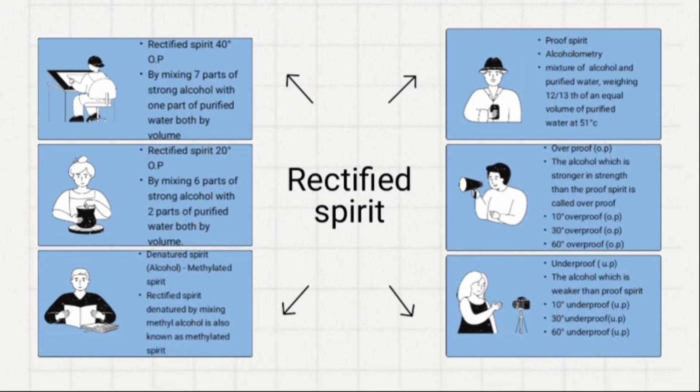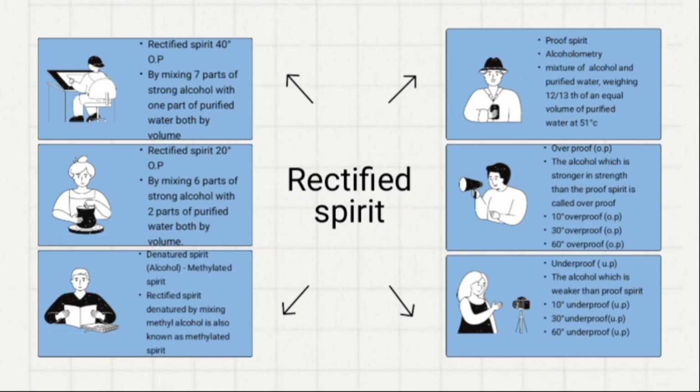Rectified spirit 40 degrees overproof is prepared by mixing 7 parts of strong alcohol with 1 part of purified water, both by volume. Rectified spirit 20 degrees overproof is prepared by mixing 6 parts of strong alcohol with 2 parts of purified water, both by volume.